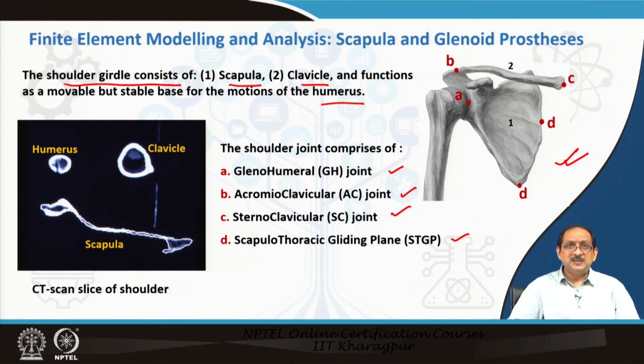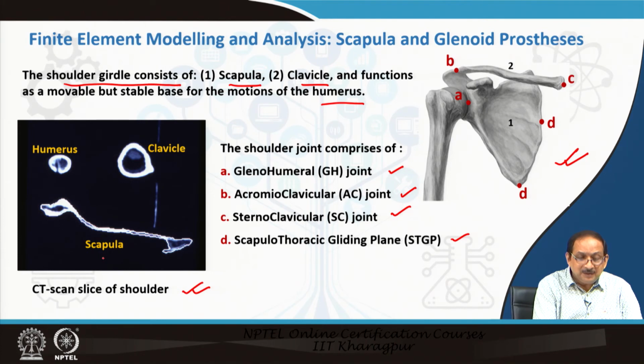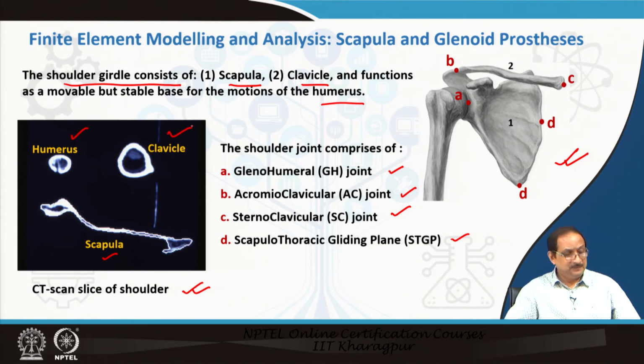A typical CT scan slice of the shoulder is presented here on the left, and you can see a section through the shoulder joint presenting the scapula, humerus and clavicle.